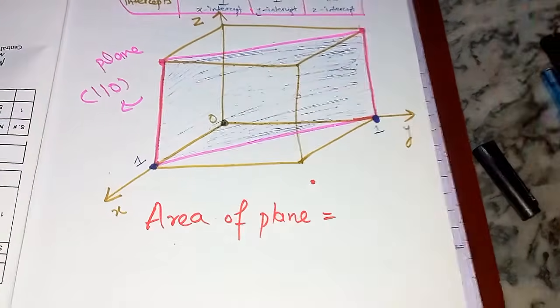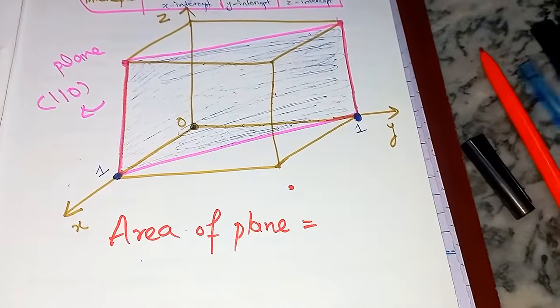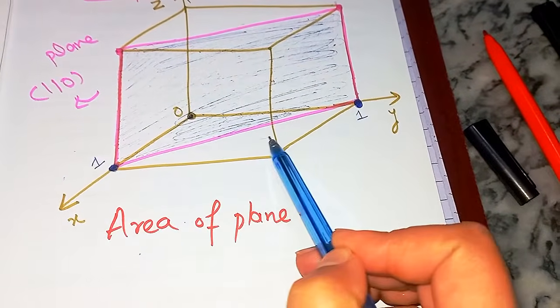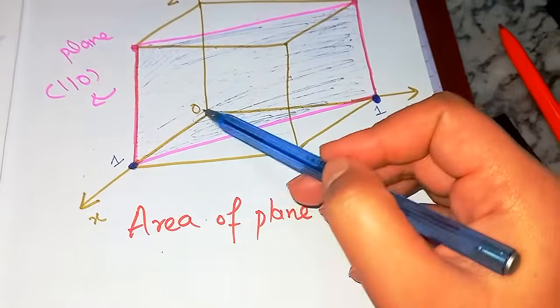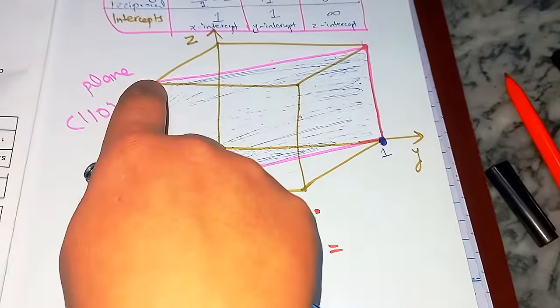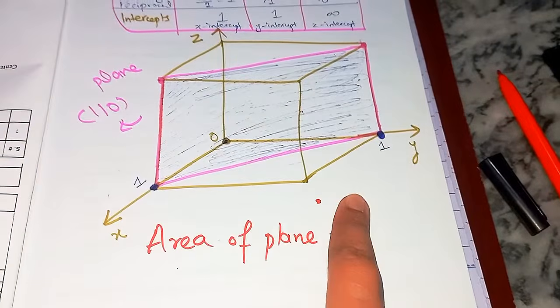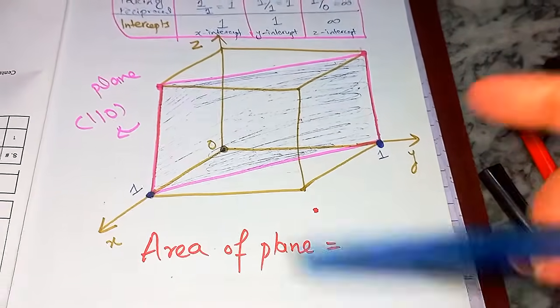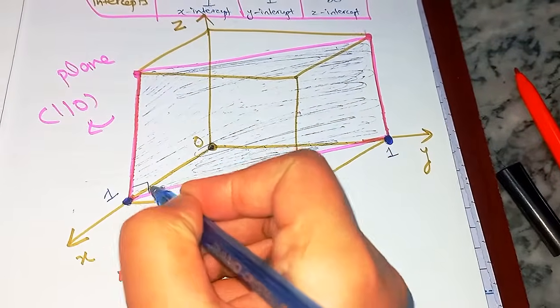For example, if this line would have been like that, like that, or like that, wherever it is, but on the xy plane, the angle between z and that line would have been 90 degrees. So this angle is 90 degrees.